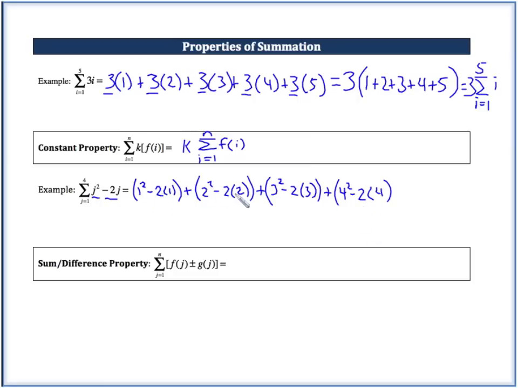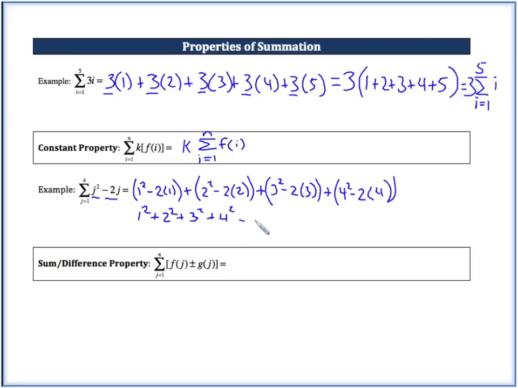Now, because this is all addition and subtraction, notice I can rearrange the order of all of this. So I could put my 1 squared, 2 squared, 3 squared, and 4 squared all together. And then I can also rearrange all my subtractions.